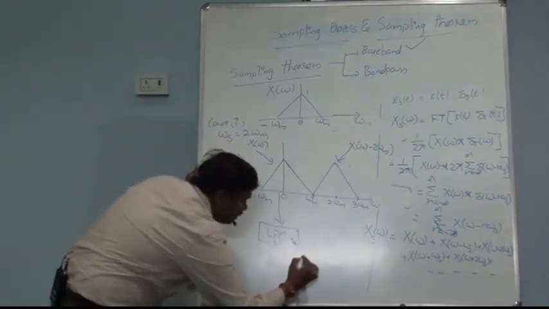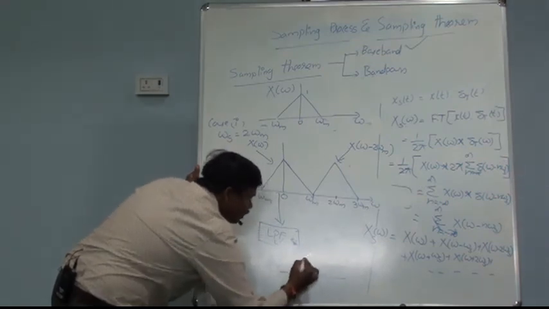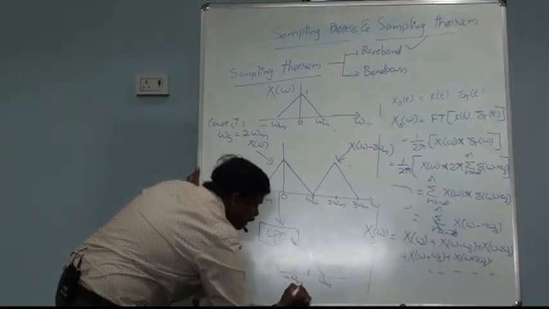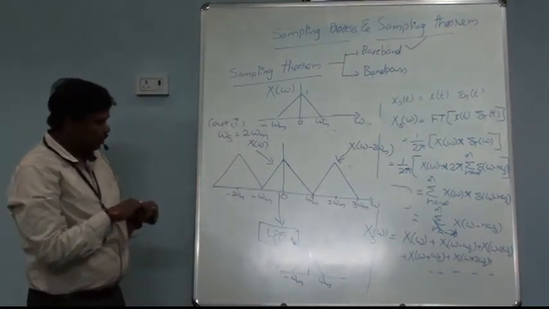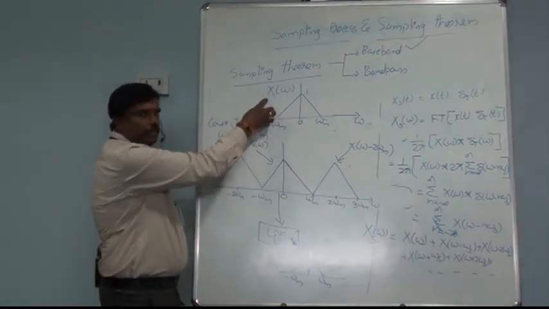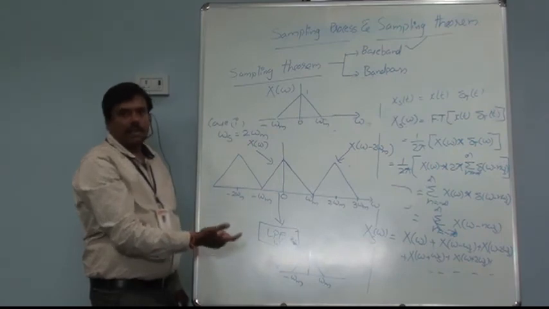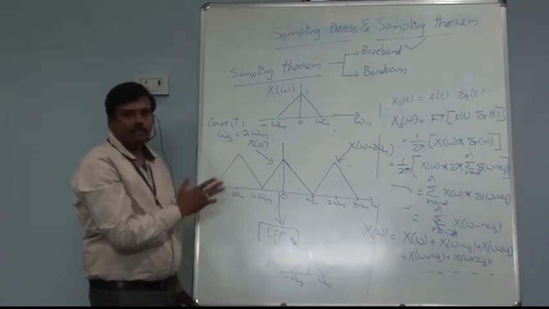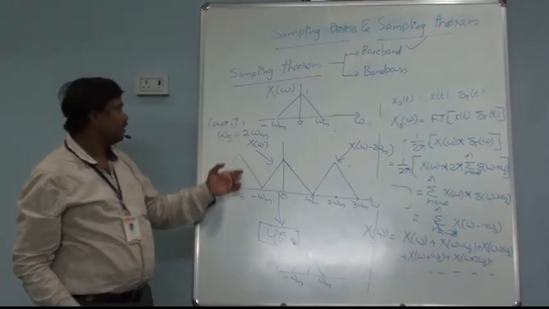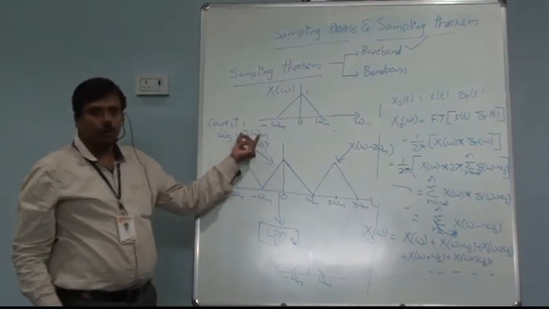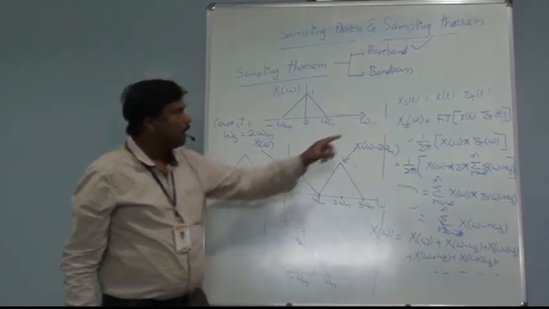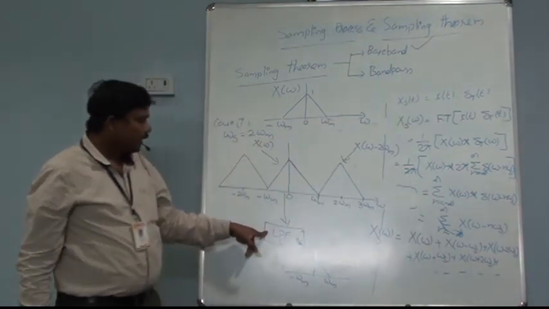Then you get a spectrum like this, from minus omega m to omega m. This is nothing but X of omega, and in the time domain you get x of t, the original information.